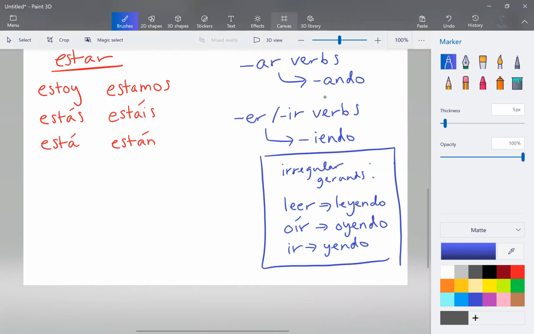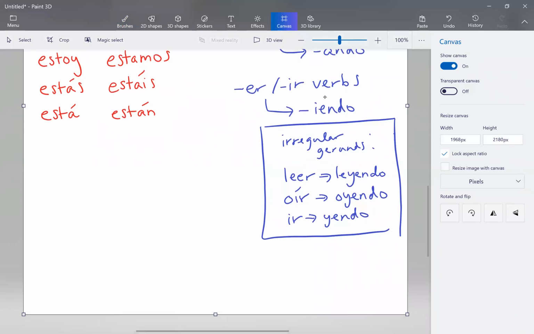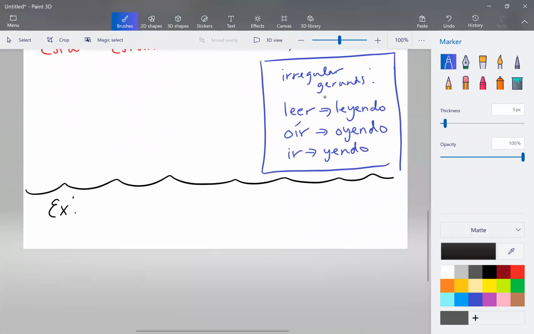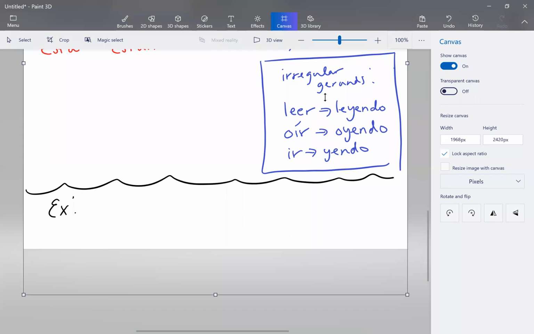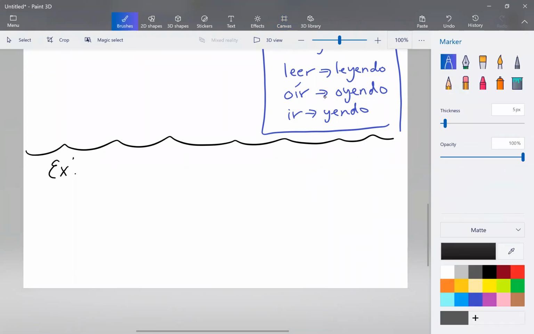All right. We're going to have a bunch of examples. So can anybody think of a good verb to say someone is doing that activity right now? Someone's reading. Reading, perfect. So let's say the girl is reading. La chica and leer.